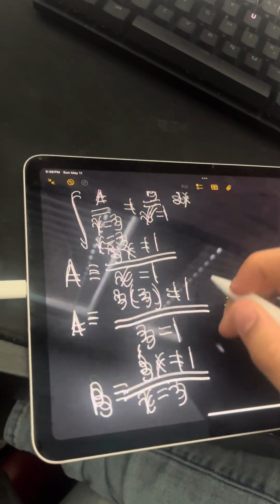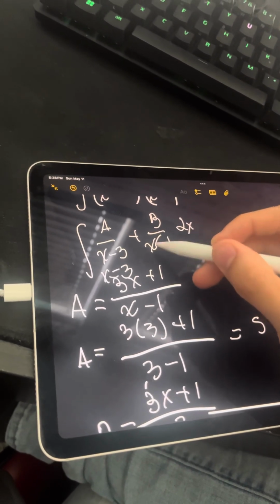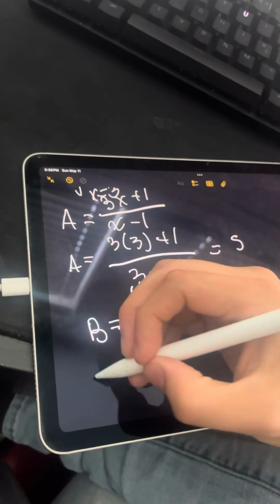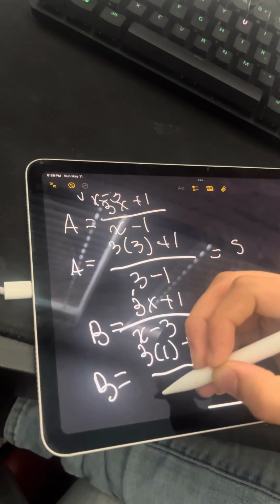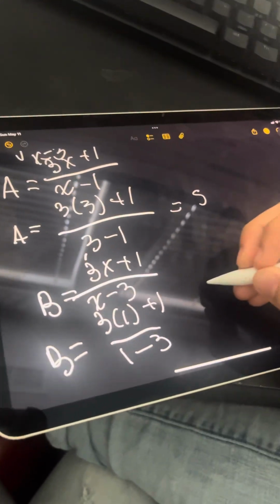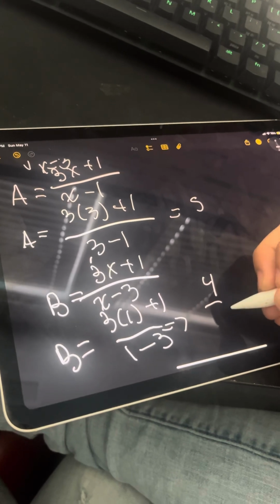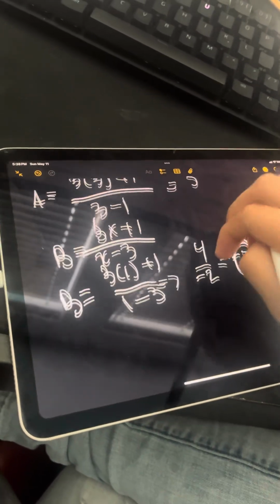What makes x minus 1 equal to 0? If I plug in a 1 here, the whole thing is undefined. So we plug in 1 for x. B is 3 times 1 plus 1 over 1 minus 3. We simplify this out and we get 4 over negative 2, which is negative 2. So now we found our B term.